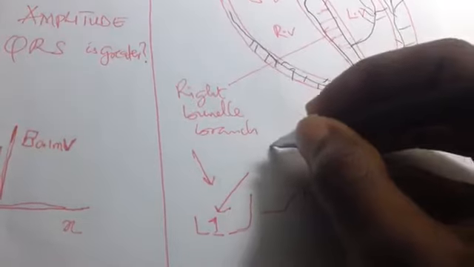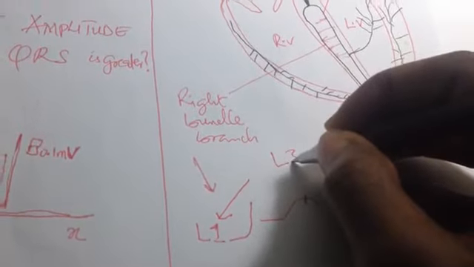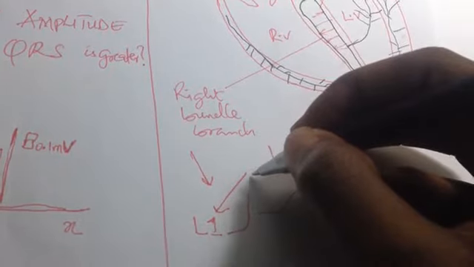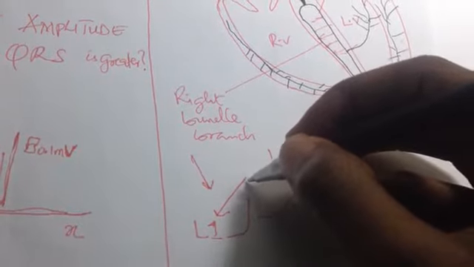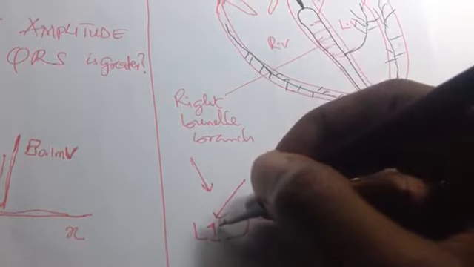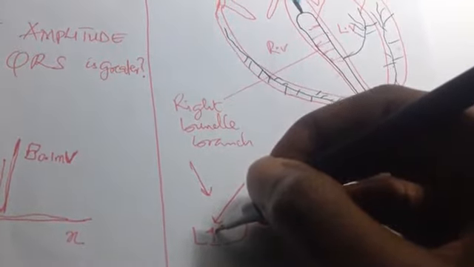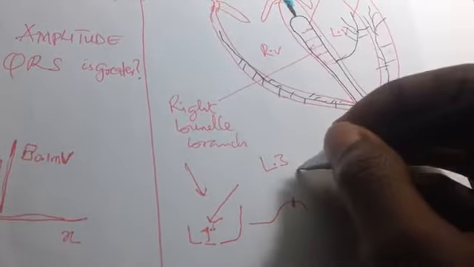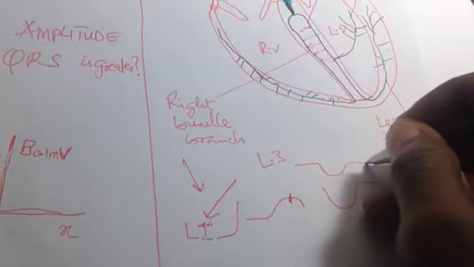But if we have another lead here, let's say lead 3, by the time this polarization wave is going toward lead 1, at the same time it is going away from this lead 3. So this lead 3 will definitely show a negative deflection.